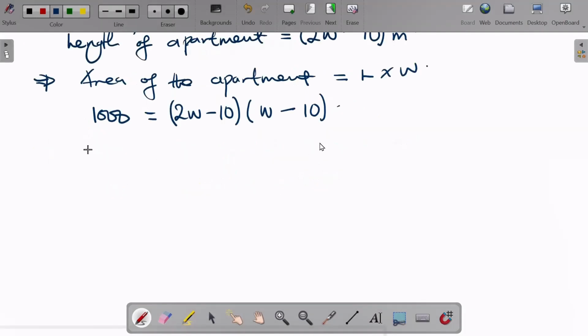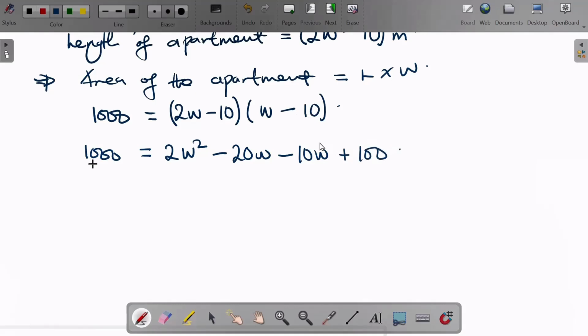So this is the same as 1000 equaling 2W squared minus 2W times negative 10. We are getting minus 20W. Then negative 10 multiplied by W gives minus 10W. Then negative 10 multiplied by negative 10, we are getting a plus 100. We first simplify.